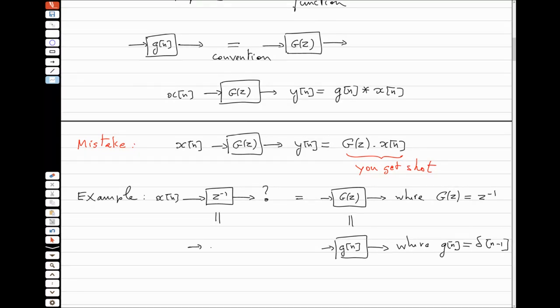So this is the same thing as this. Understood? Because this is the z transform of this. All right, now next question, what do you get here? No, Shahana.